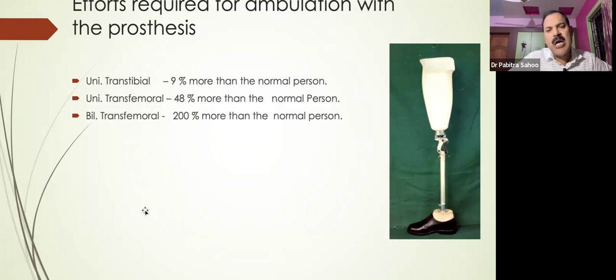He will be exhausted, and he will discard the prosthesis; rather, he will prefer to use crutches or travel by wheelchair. So our objective is always to try to fit a prosthesis which is less energy consuming and as near as possible to normal as far as the gait is concerned, amputee gait is concerned. That's why today's discussion is here.